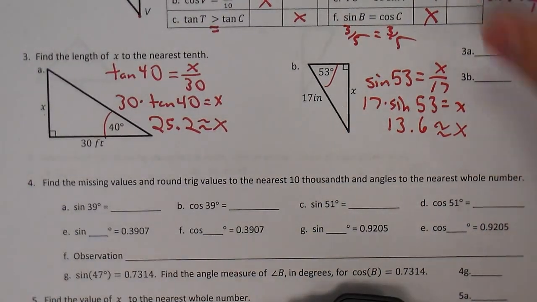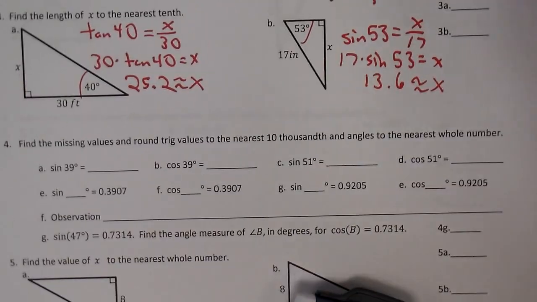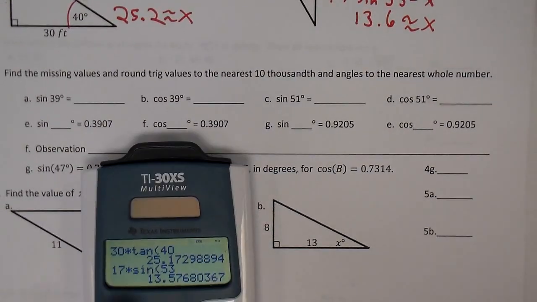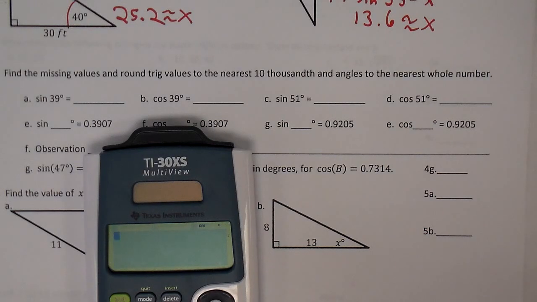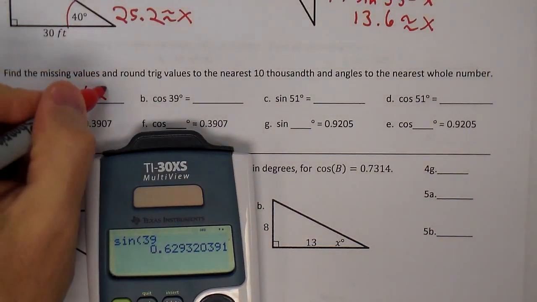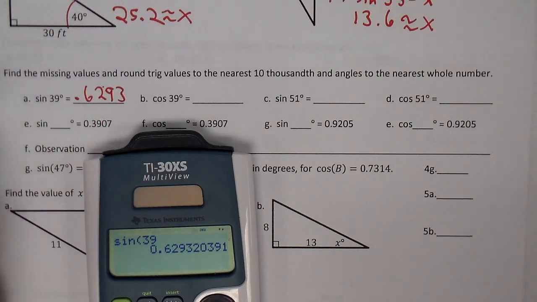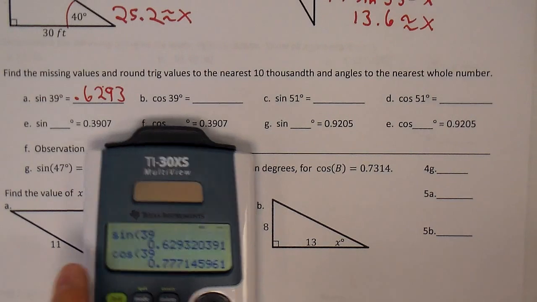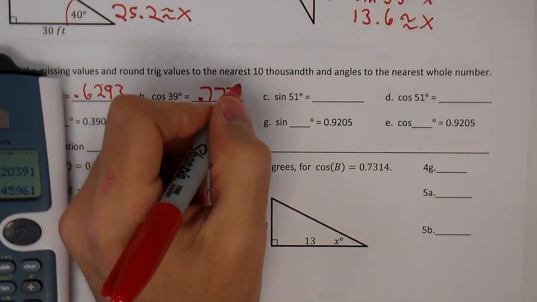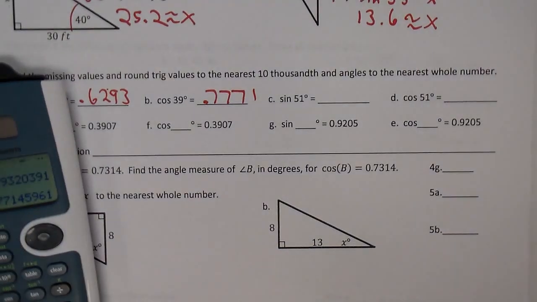For our next step, we're going to find the missing trig values, and it says round to the nearest ten-thousandth. What's that? That's going to be four decimal places. So sine of 39 is 0.6293, and the 3 is going to stay because the 2 follows. Cosine of 39 is going to be 0.7771, and then it's a 1/4, so the 1 stays.